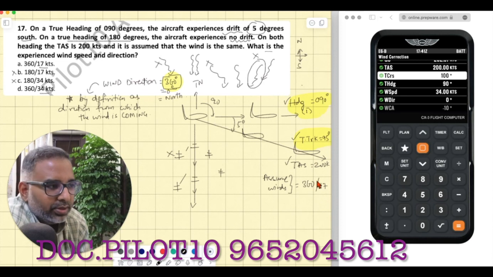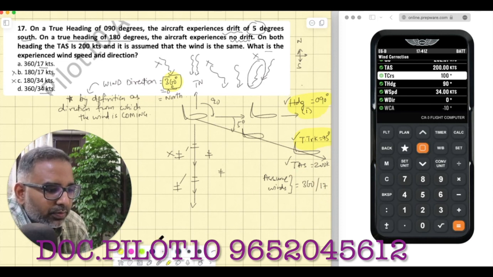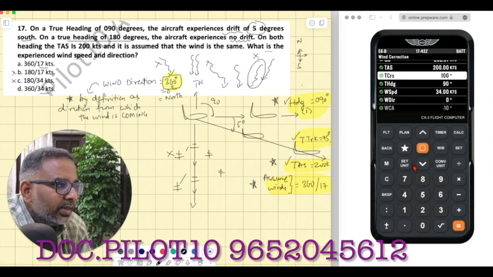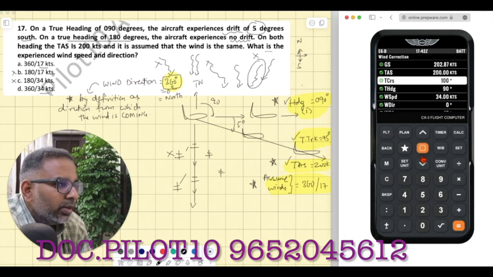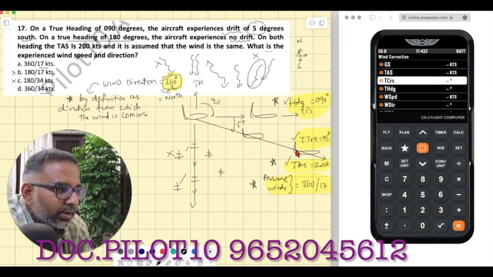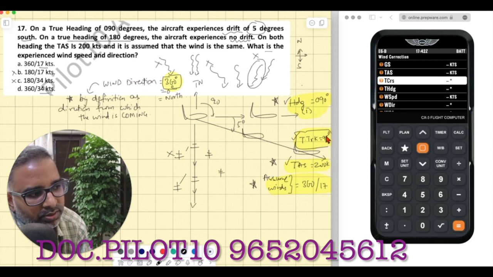If you input these values, the winds, the TAS and the heading, into a CX3 in wind correction, you should get this as your answer, because you know all other things, and you also know in the question that it is getting drifted by 5 degrees to the south, that is 95 degrees.